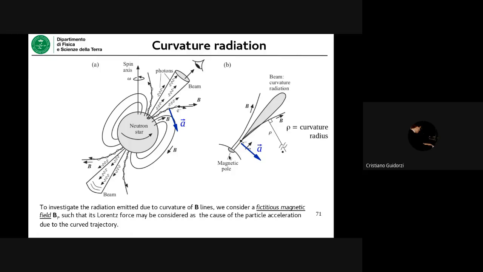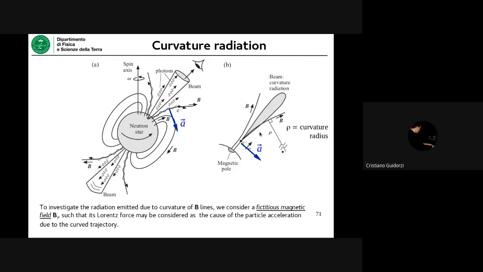So in this case, I see the acceleration, which is due, as I said, both to the velocity of the electron and the curvature radius. So I imagine, just as a trick, a mathematical trick or a physical trick, I don't know, that this acceleration is due to a magnetic field.